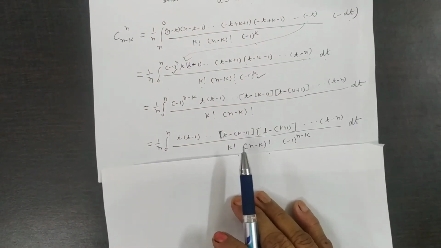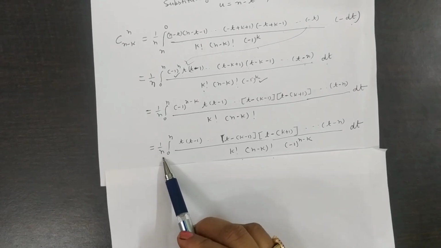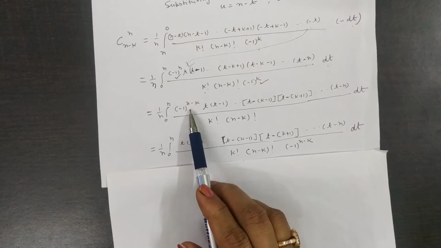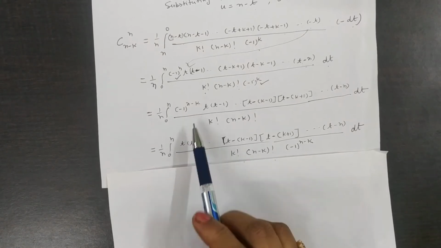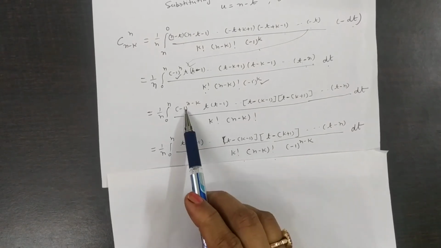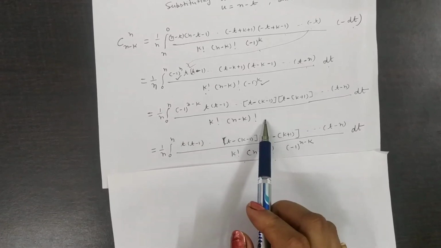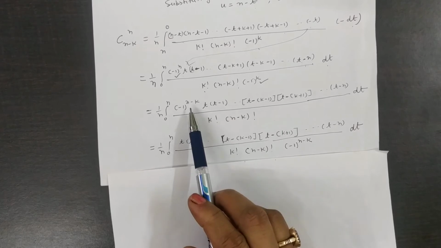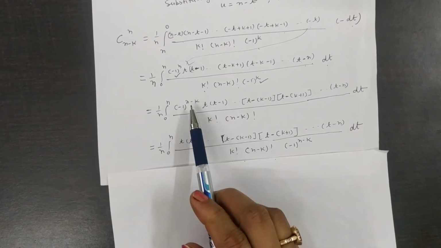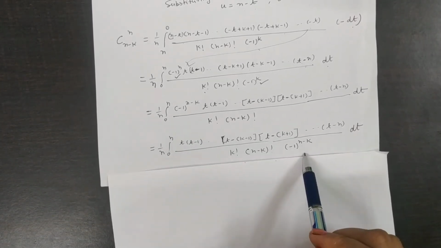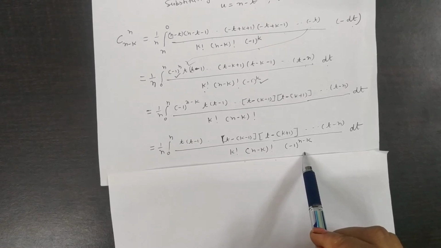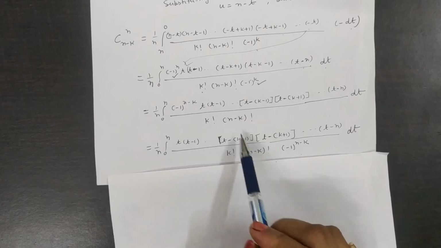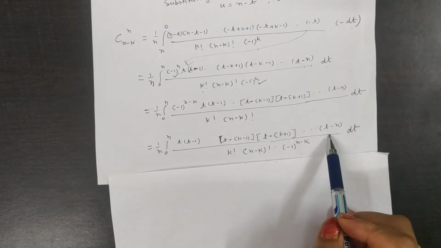Now in the next term, 1 by n, integral from 0 to n, t to the power n minus k. Here we multiply and divide the numerator and denominator on both sides by (t-1) to the power n minus k. So this becomes the term, and here we have t minus 1 up to this term, this term and this term.